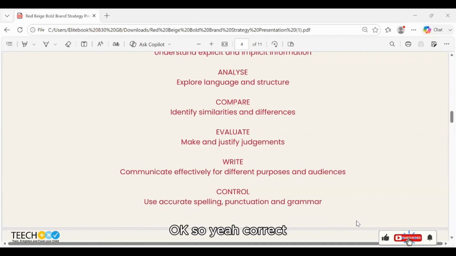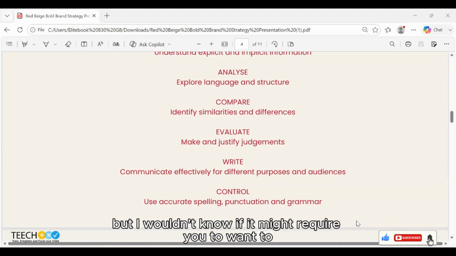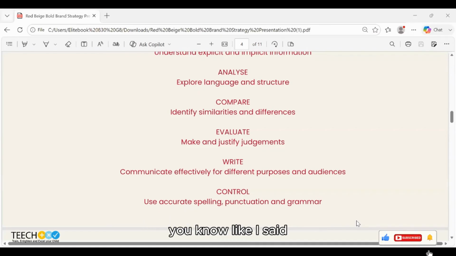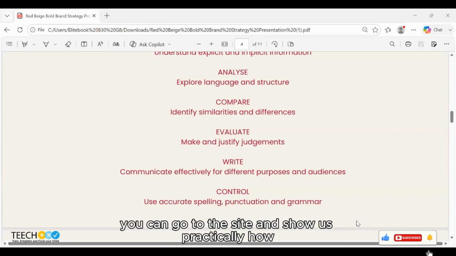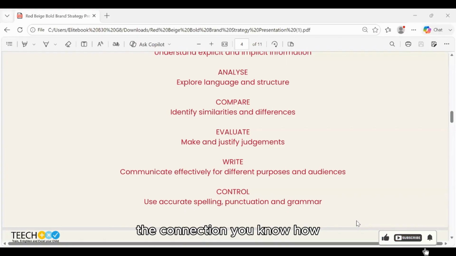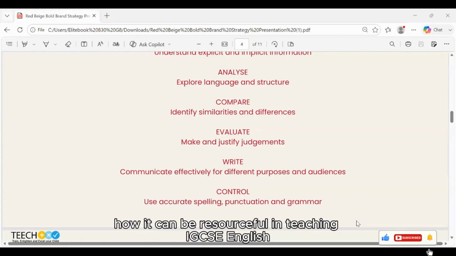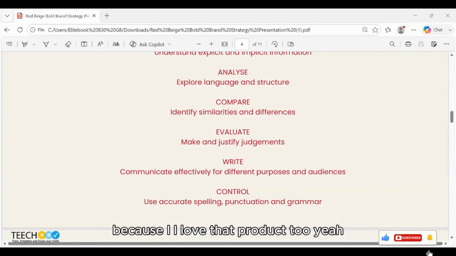That's why I used the word practically. Is it possible that you can go to the site and show us practically how it can be resourceful in teaching IGCSE English? Because I love that point actually.